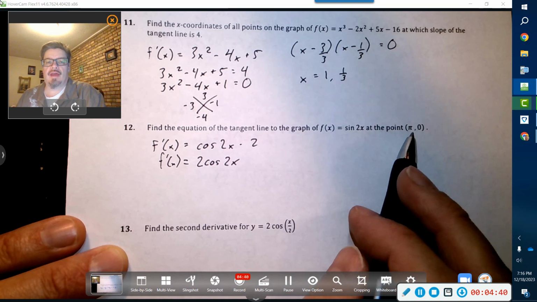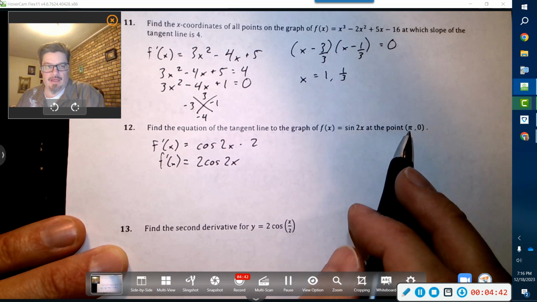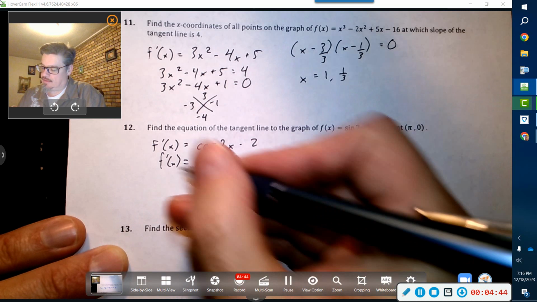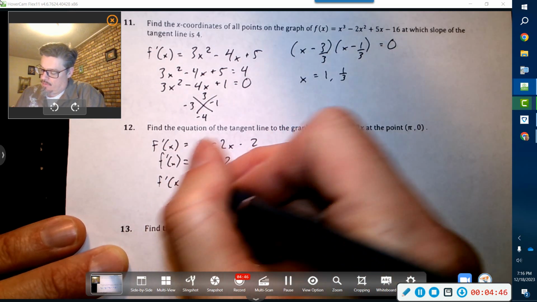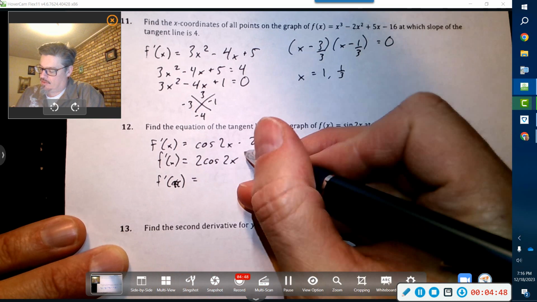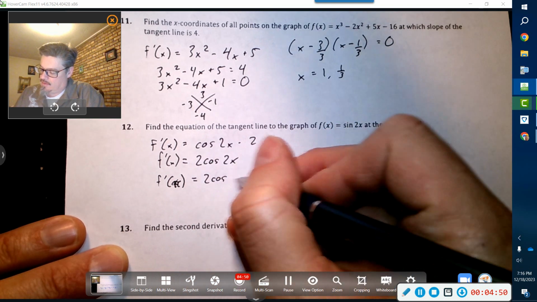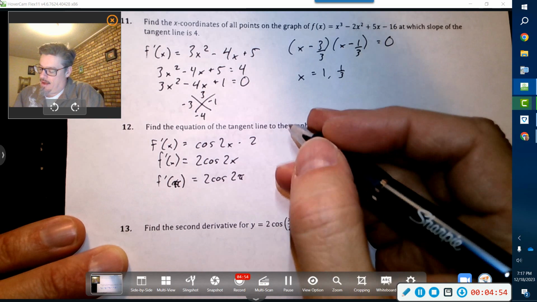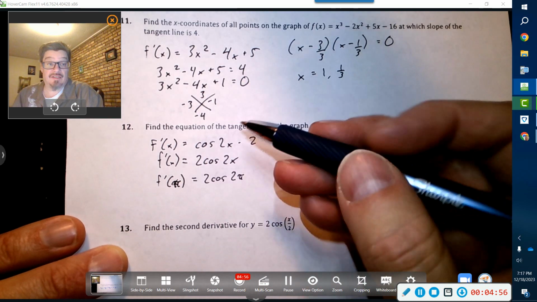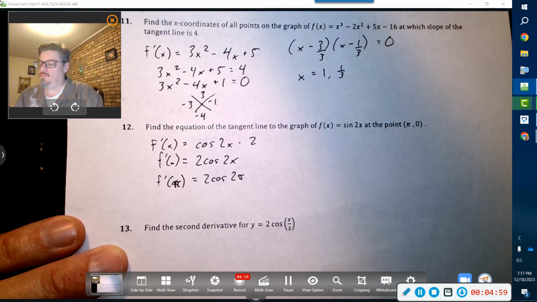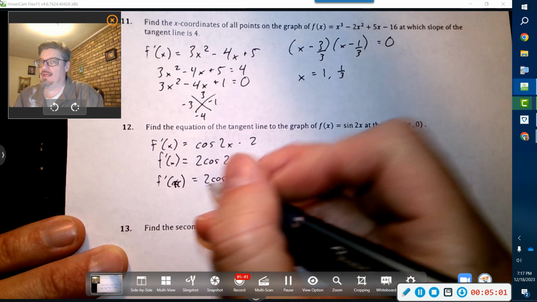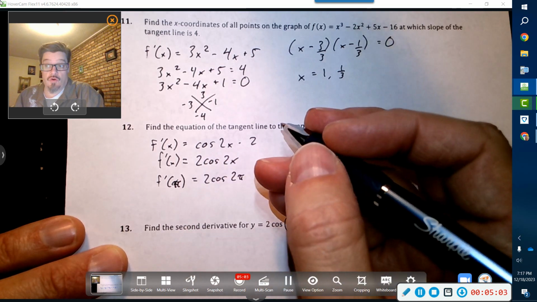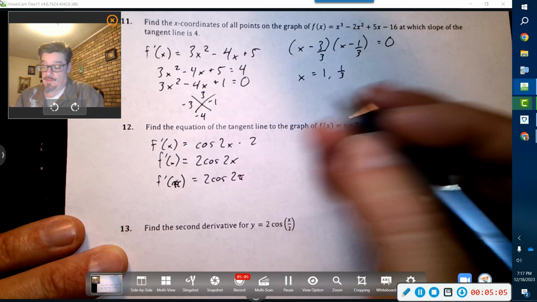So let's go ahead and plug in at pi. What would the slope be? So we have 2 pi. What is the x-coordinate? I say x because it's cosine. So what is the cosine of 2 pi? That is actually the same as it is at 0. So the x-coordinate is 1 on the unit circle.